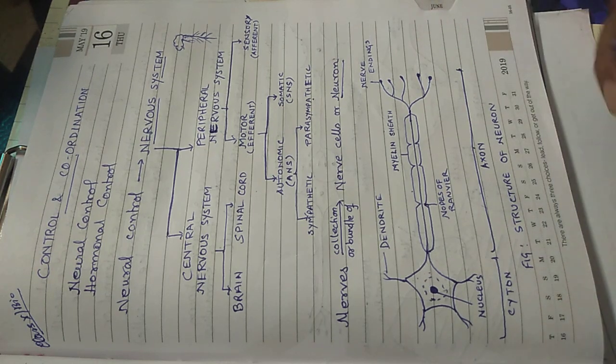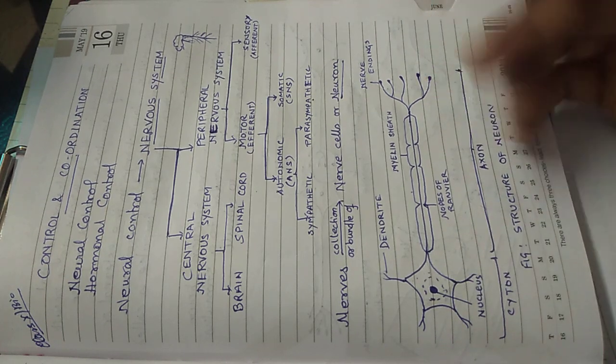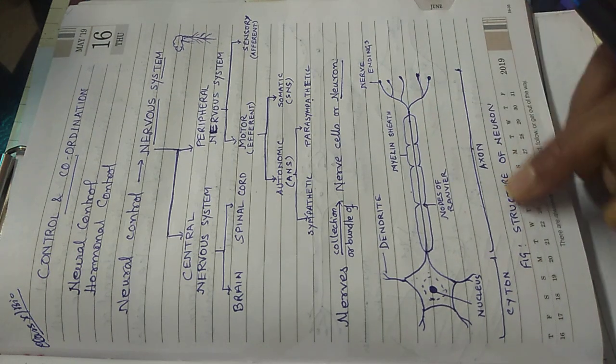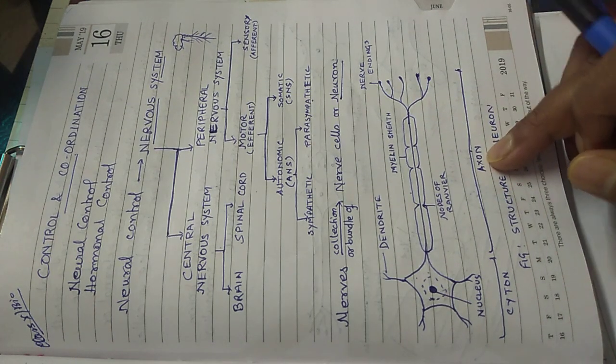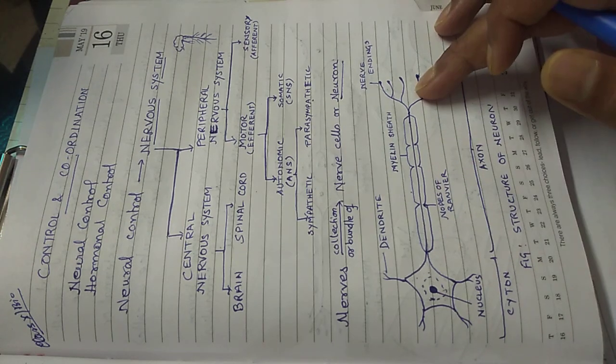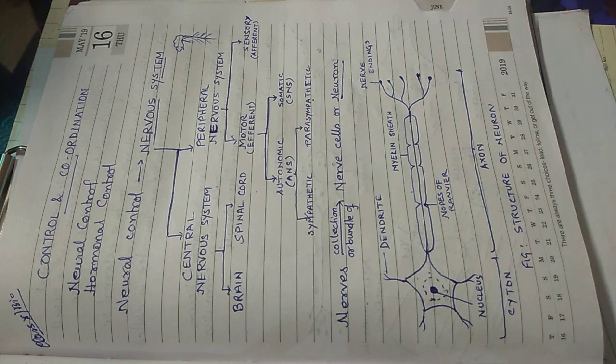So a typical neuron has a cell body. Since it is a nerve cell, it has a cell body which is called the cyton, and a long extension which is called the axon. You should remember there are neurons where you will not find the axon, where there are more than one axon, bipolar neurons are there, different types are there, but this is the most typical type.